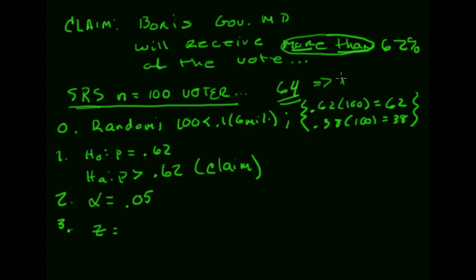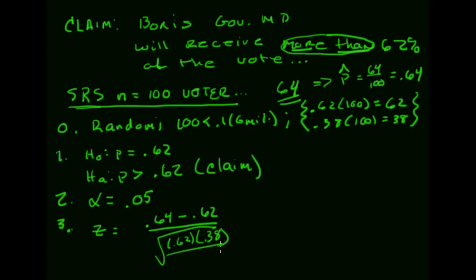So my p hat is 64 out of 100, or 0.64. My test statistic is 0.64 minus 0.62 over the standard deviation, which uses 0.62 times 0.38 over 100, square rooted. If you work that out, your test statistic is 0.41204.